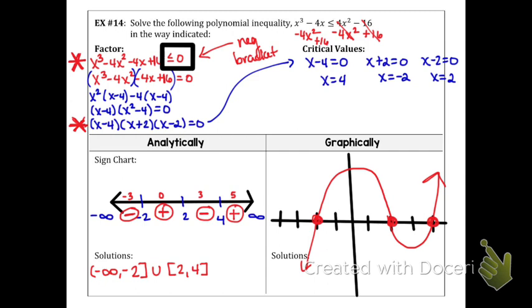And so I'm looking for where it's less than 0, which I can see is down here. So from negative infinity to negative 2. And then it's below the x-axis right here, which is from 2 to 4, the same exact answer we just said. So we said negative infinity to negative 2 has equal to, so we put the bracket, and then positive 2 to 4. Same solution, different ways to work it.